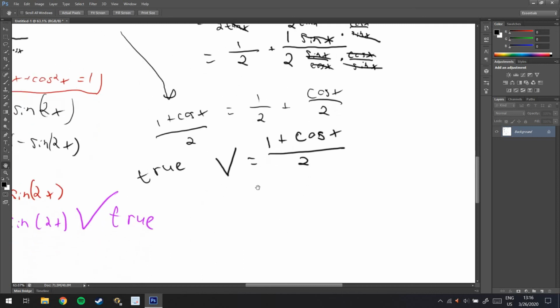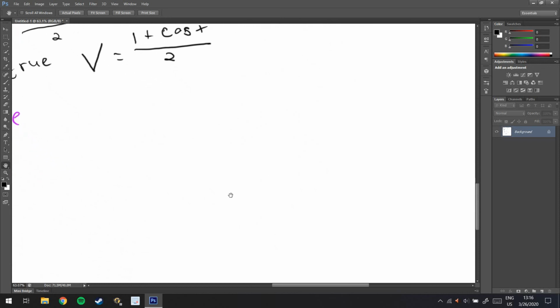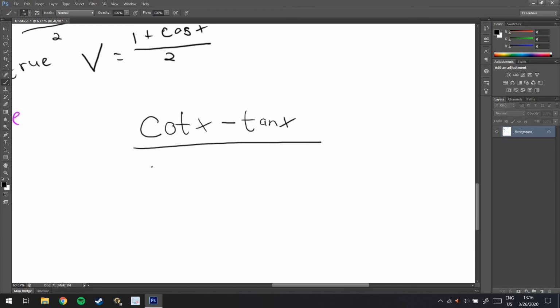Alright, for tomorrow, I want you all to try cotangent of x minus tangent of x all over cotangent of x plus tangent of x.